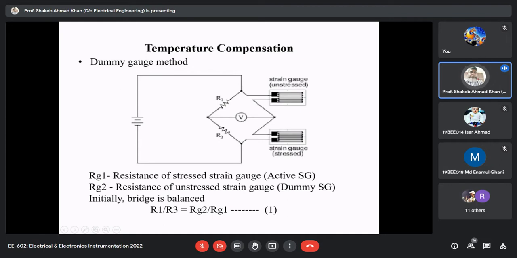There is no dispute about that, and we want our bridge to become unbalanced whenever there is any stress or strain. But when there is a temperature change, if the bridge is initially balanced, it should remain balanced, and if it is unbalanced by a certain amount, it should remain unbalanced to that value only. So it should not respond to the temperature change.